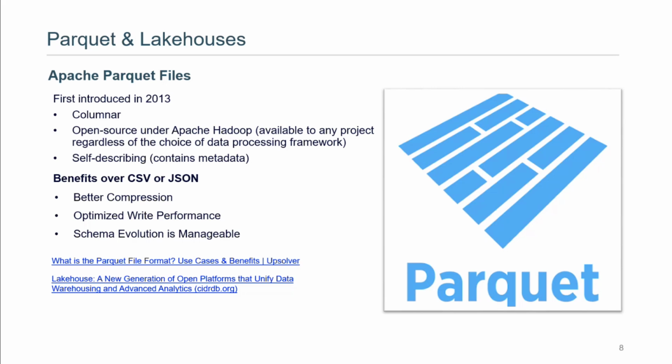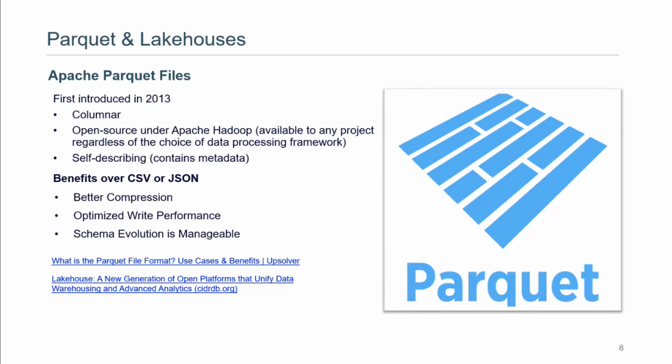Just to touch a little bit more on Parquet, the Parquet file format is a very powerful tool, and it's underlying these technologies of the Synapse Data Warehouse and the Data Lakehouse.